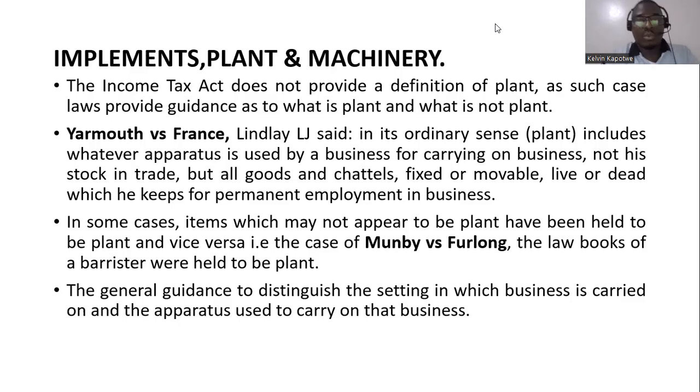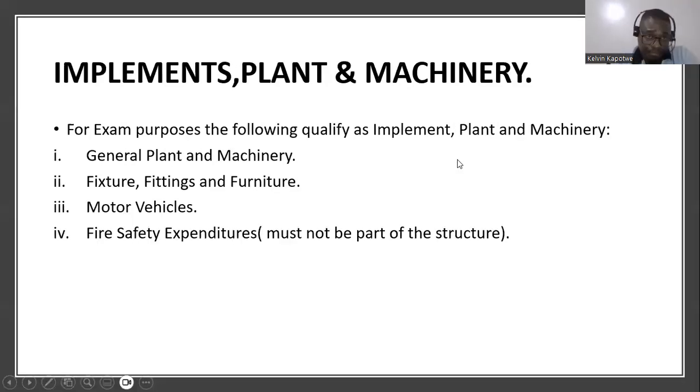So that's what was held in that case of Manby and Fanlong, to say the law books of a barrister is plant. Then the general guidance is to distinguish the setting in which business is carried on and the apparatus used to carry on business. So that is another definition of what plant is.